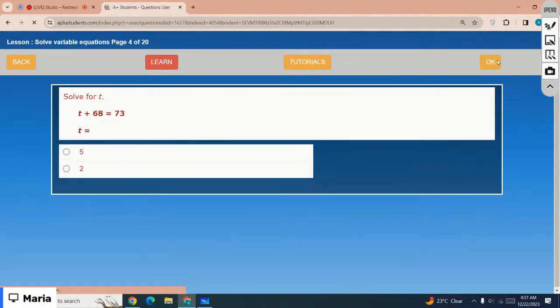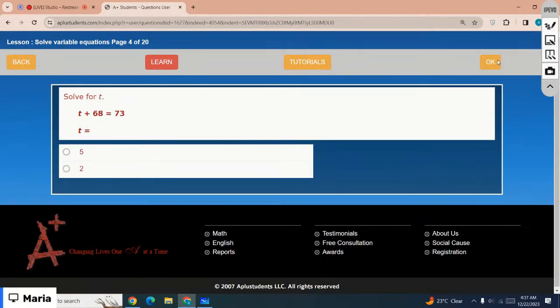Okay, that's great. Solve for T. T plus 68 equals 73. So, which is the correct option?